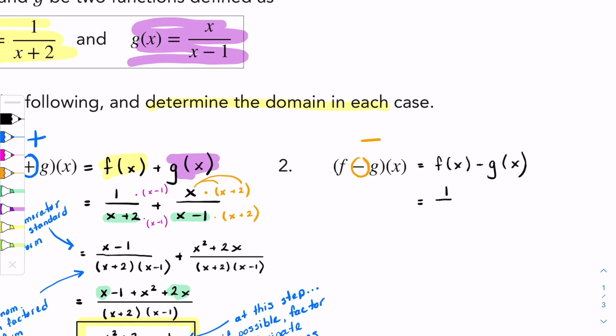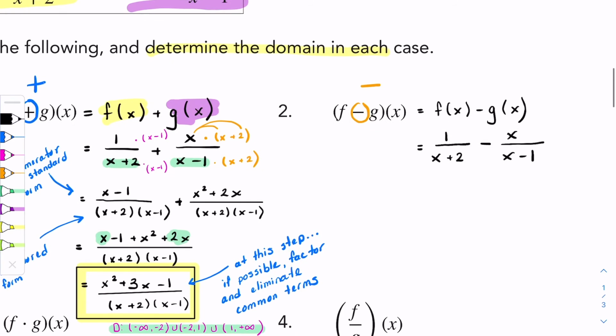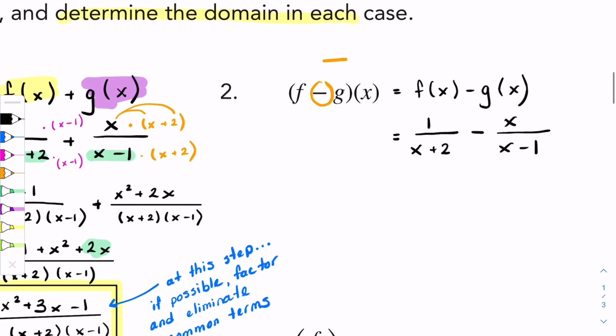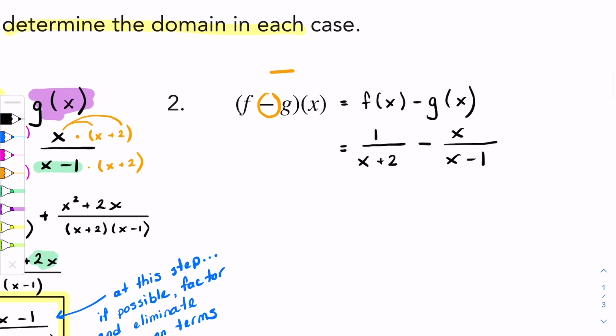F of x is 1 over x plus 2. G of x is x over x minus 1. Right here we have to create a common denominator, but we actually already did that in the first example. So we can just pull our common denominator from the first example and work from there.